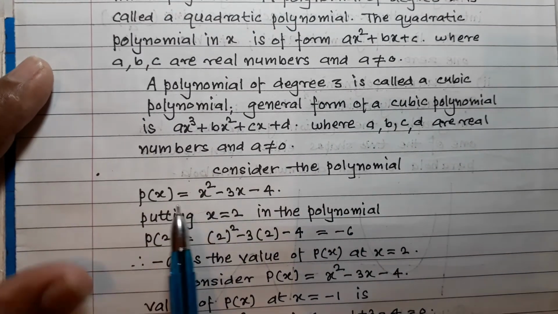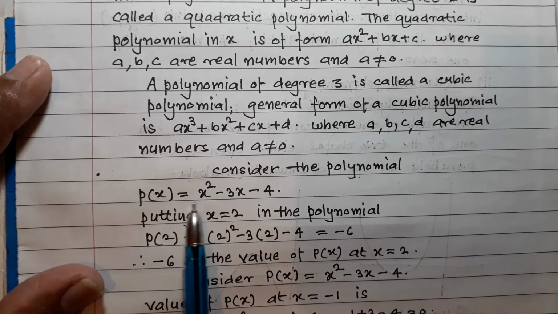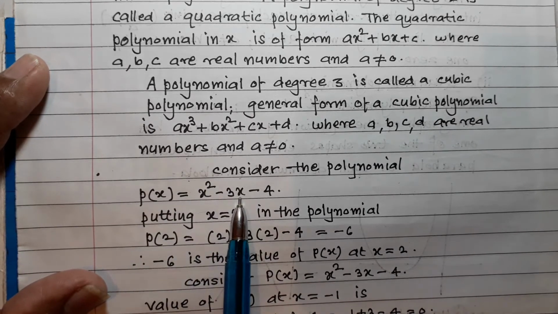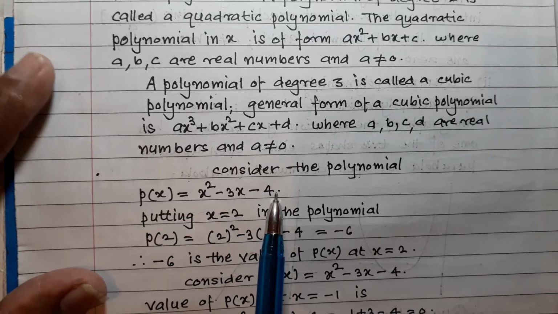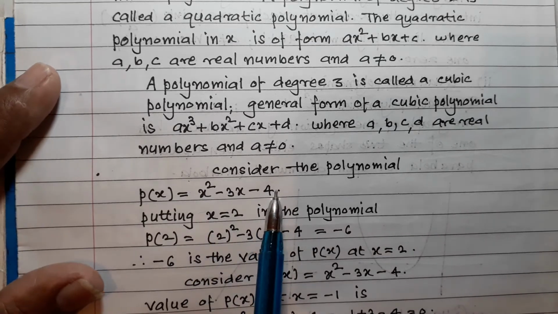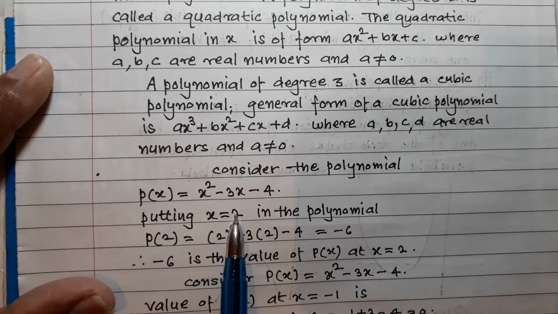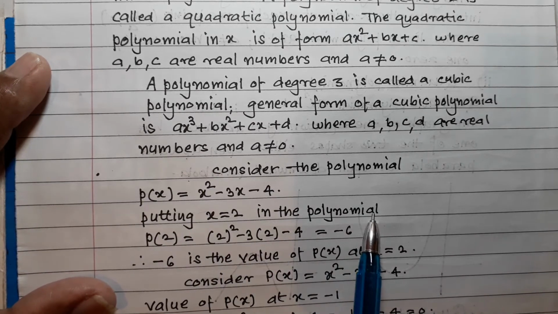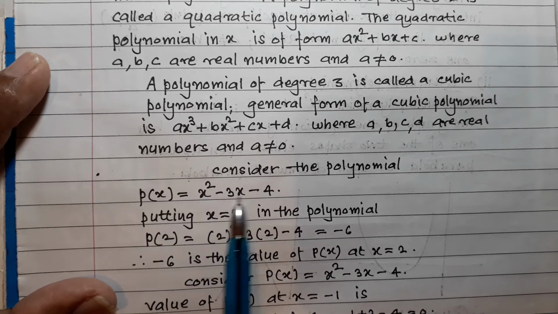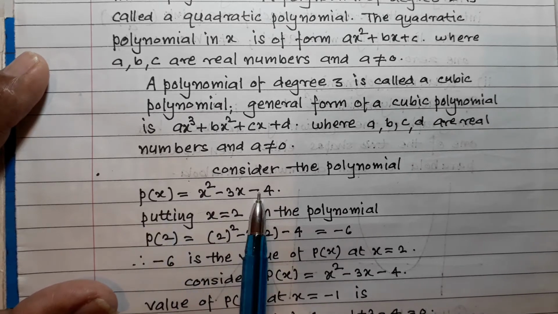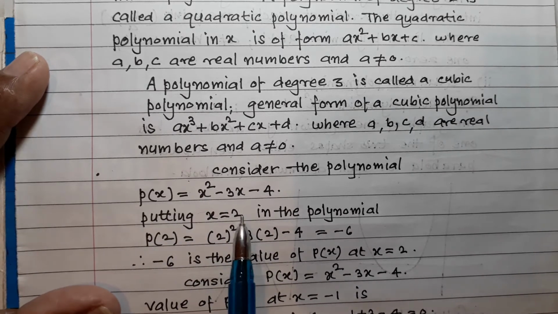Consider the polynomial P(x) equals x square minus 3x minus 4. This is a quadratic polynomial. Putting x equal to 2 in the polynomial means finding the value of this polynomial at x equal to 2.